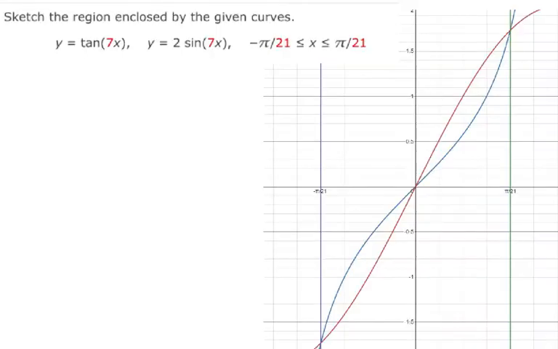So here I did the graph, and the blue graph, the one right here, is the graph of tangent 7x. So this will be tangent 7x. And the red one is 2 sine 7x.